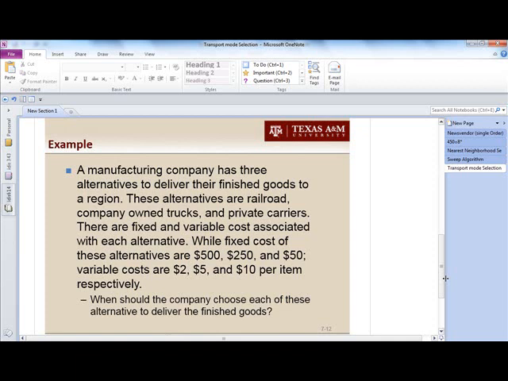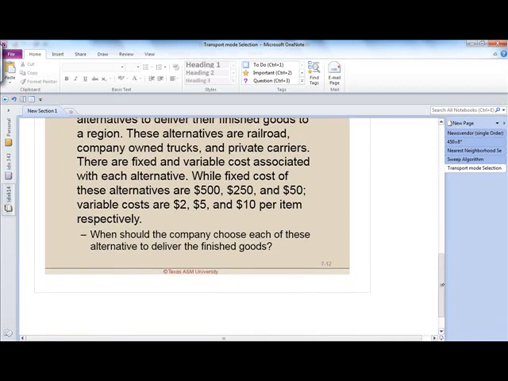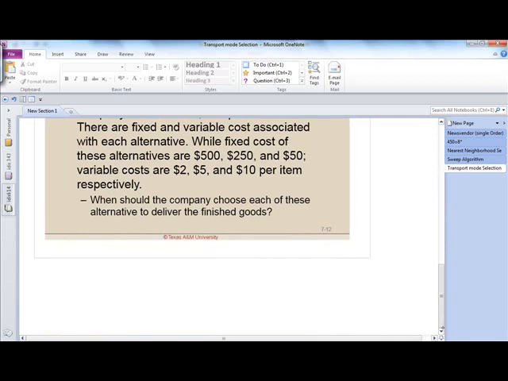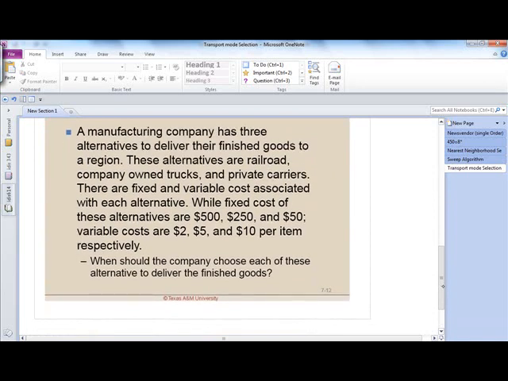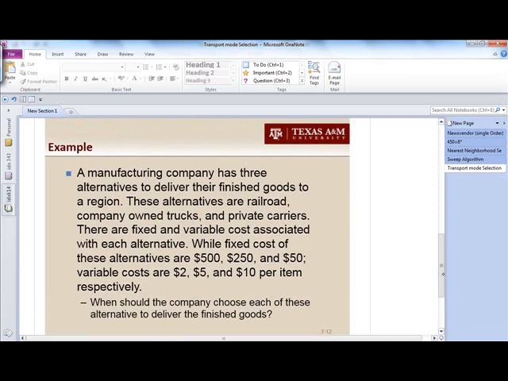So if I want to ship with railroad, it costs $500 fixed cost and $2 variable cost, and the others as given above. What I need to do here is compare alternatives pairwise and then come up with the graph that I drew on the top.